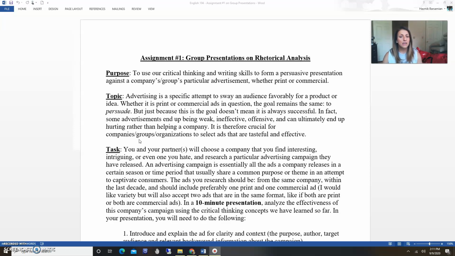So I do want to just give you a heads up that some campaigns, I personally think, are rhetorically weak. Nike is probably famous for most of its campaigns. They have very moving, emotion-based campaigns. But a lot of their advertisements that they release, I personally feel that they are rhetorically weak.